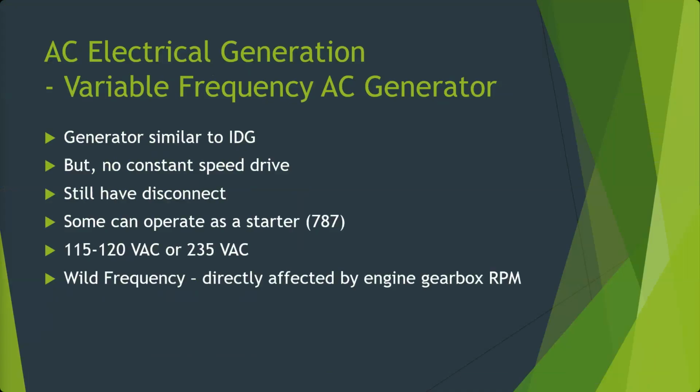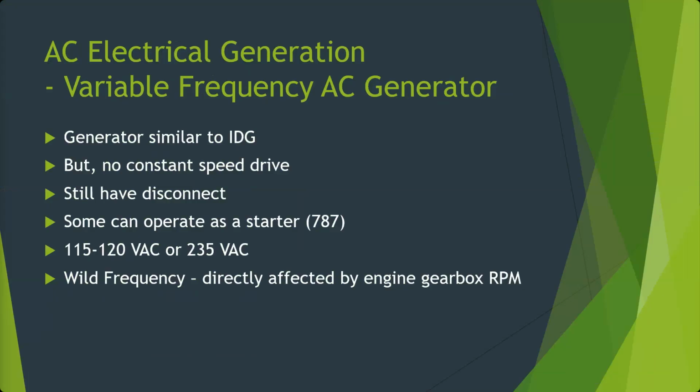It eliminates that heavy constant speed drive and basically puts the rectification, the frequency adjustment, on the individual components that need it. Because a lot of those components just heat up, they don't care what the frequency is. So, heated leading edges in the 787, you can run wild frequency through them, they're still going to heat up no matter what the frequency. But they'll still have a physical disconnect, okay?